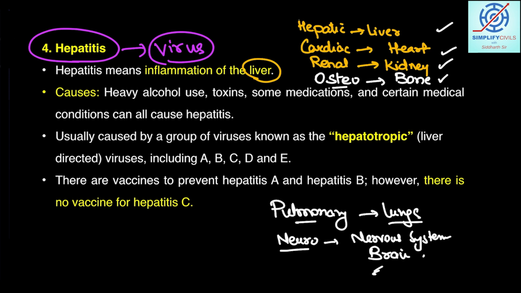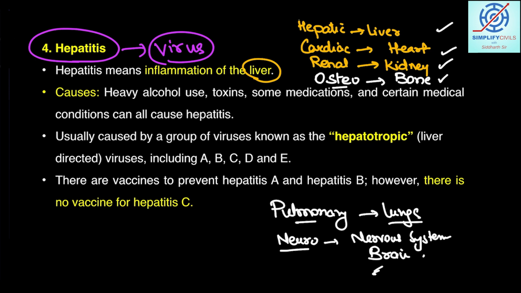Neurology is the branch of science that deals with the structure and functions of neurons and the brain, the transportation and communication system. So please be aware if such words are asked in the exam.